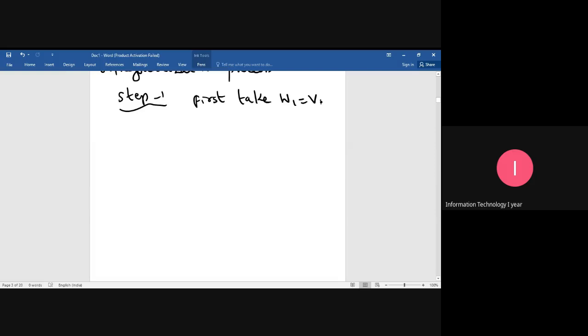We are finding another orthogonal set of vectors, which we denote by W1, W2, etc., Wn. V1, V2, the linearly independent vectors, will be given in the question, and we are finding another set of vectors called W1, W2, etc., Wn. For W1, you just take the first given vector as it is.